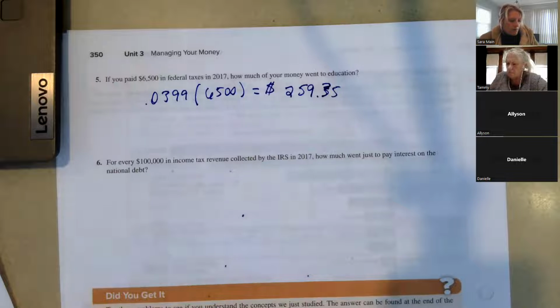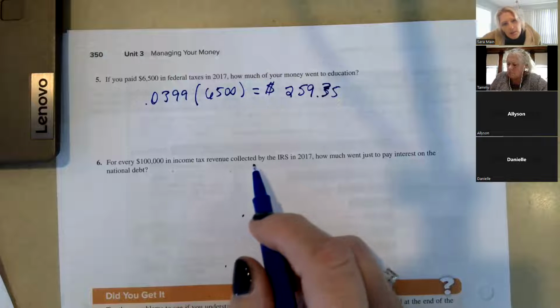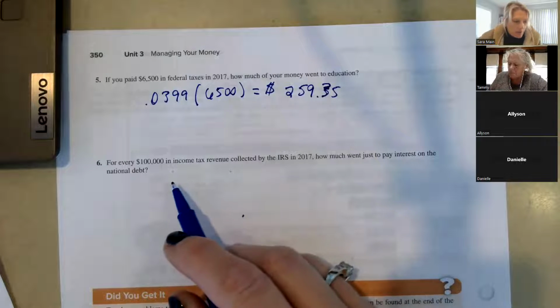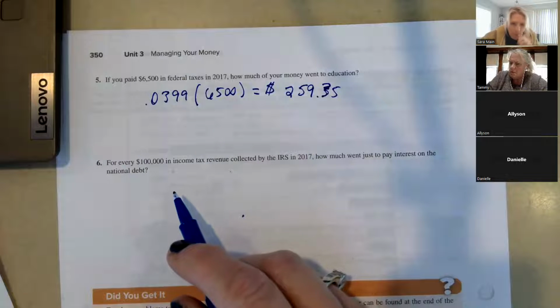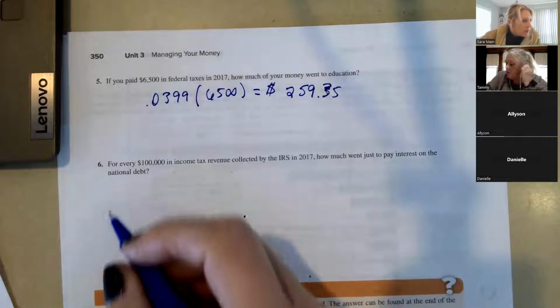Okay, awesome. Thank you. It says for every $100,000 in income tax revenue collected by the IRS in 2017, how much went just to pay interest on the national debt? $14,200.